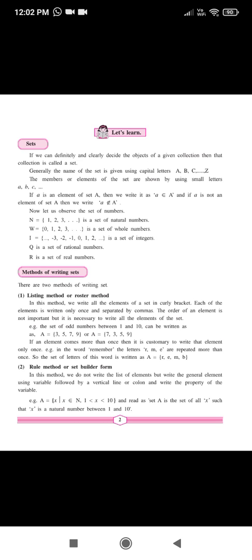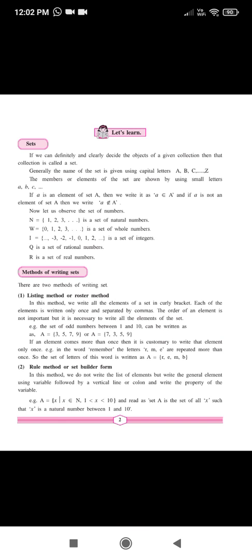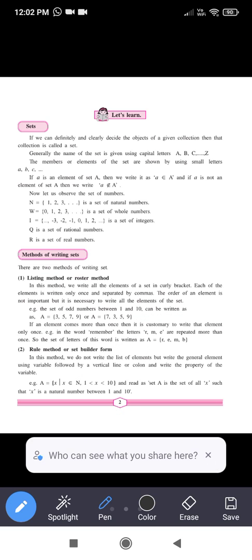Suppose one student has written set A is equal to 3, 5, 7, 9, and a second student has written 7, 3, 5, 9. Are these two sets correct? Yes.